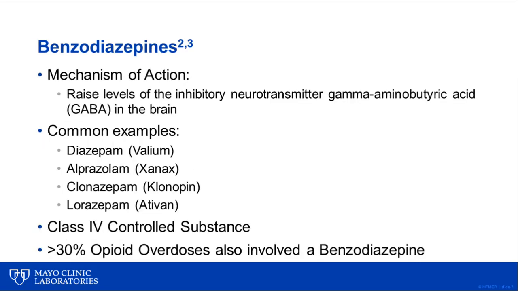Benzodiazepines work by raising the levels of the inhibitory neurotransmitter gamma-aminobutyric acid in the brain. Some commonly prescribed benzodiazepines include diazepam, alprazolam, clonazepam, and lorazepam.